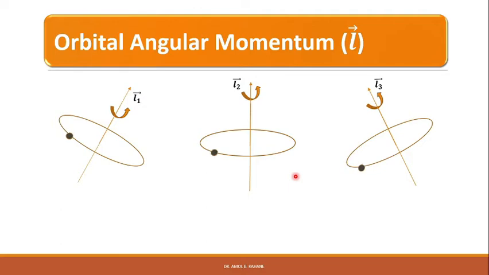That means we have to choose a reference direction. So let us consider this is our reference direction, that means along the L vector of this particular electron.